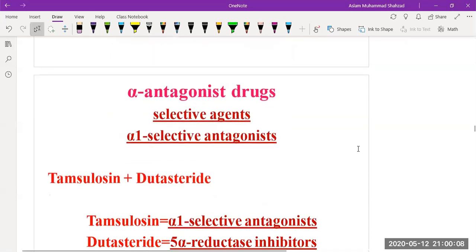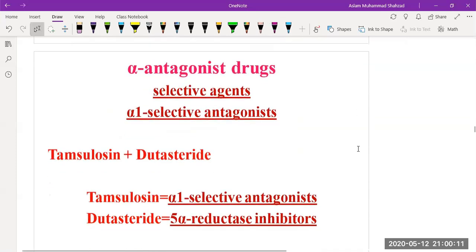Then we have alpha 1 selective antagonist, which we have tamsulosin and dutasteride. And actually, tamsulosin is an alpha 1 selective antagonist, whereas dutasteride is a 5 alpha reductase inhibitor.